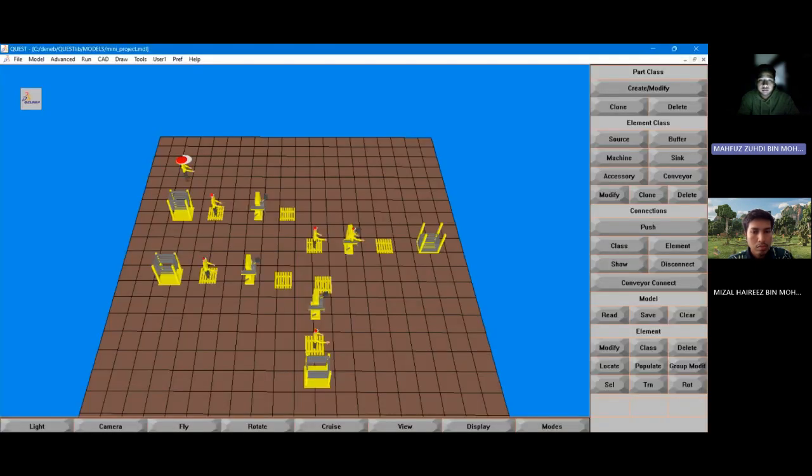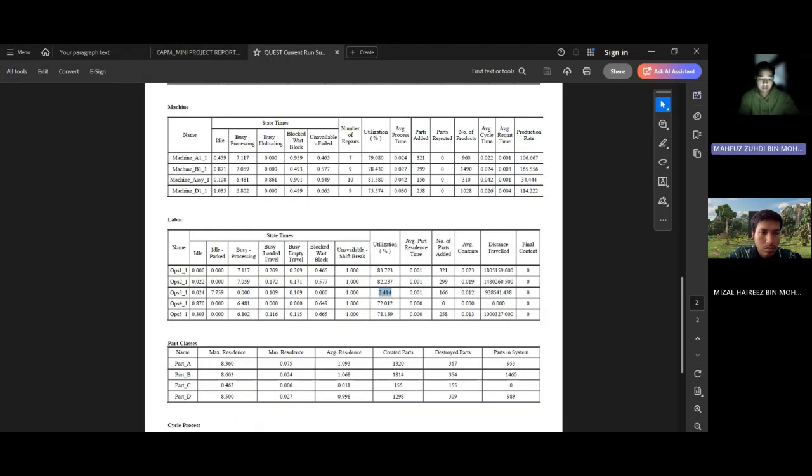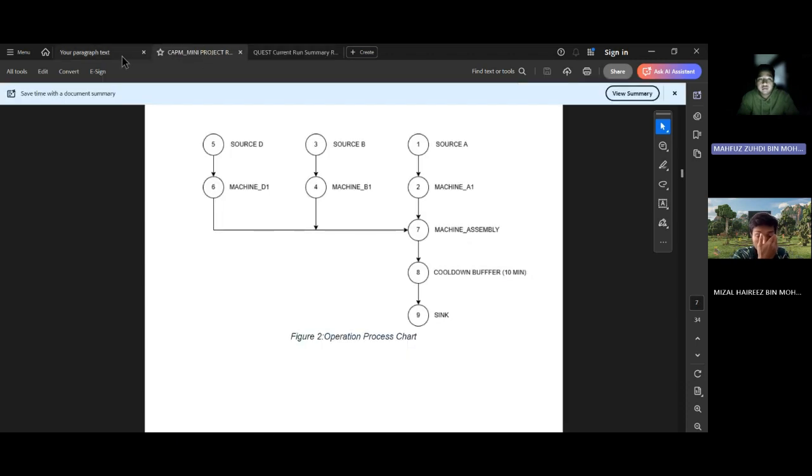The position of OPS3 is here, at the buffer before the assembly machine. Despite traveling 938,000 millimeters during the shift, OPS3 handled only 166 parts versus 310 products assembled.